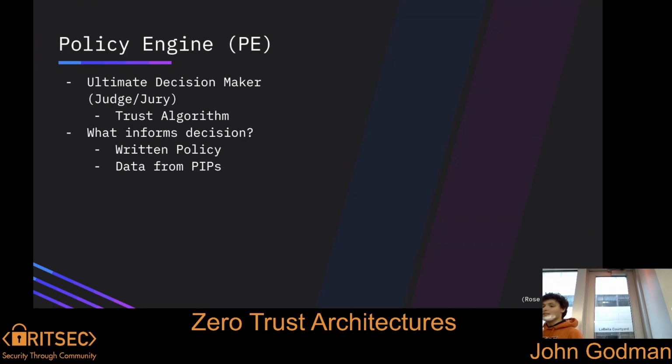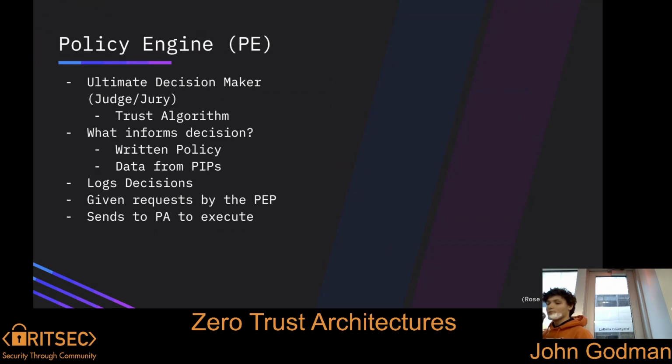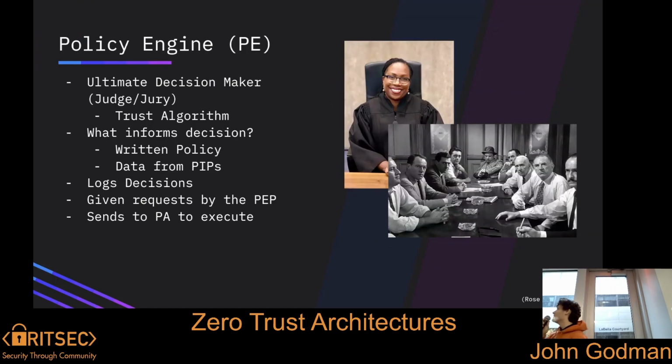Of course, the PE logs its decisions, which it can then use later as more input data. It's given requests from the PEP, and it sends those requests to the PA to execute. So again, you can think of it as the judge/jury in this courtroom model.